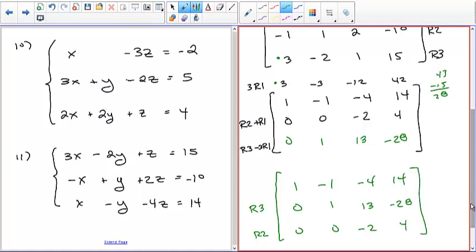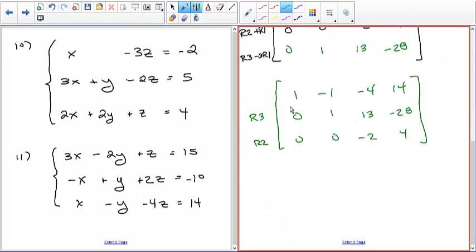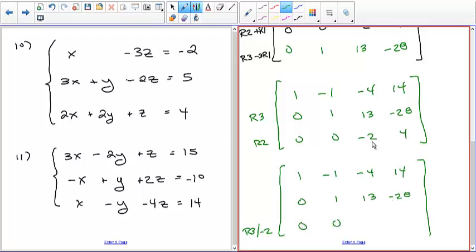Okay, I'm almost there. The only thing is I need a 1 here. So you can see the last thing that I do is I'm going to take row 3 and divide by -2. The other one's just going to stay the same. So if I take this and divide by -2, I get 1.